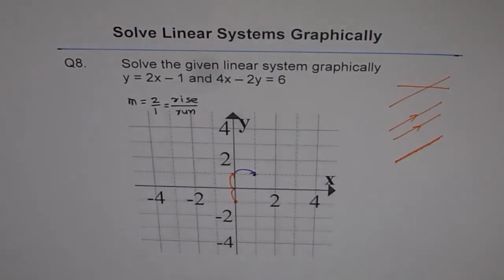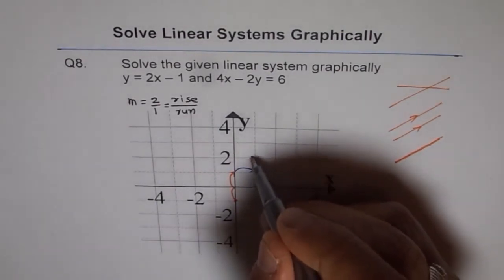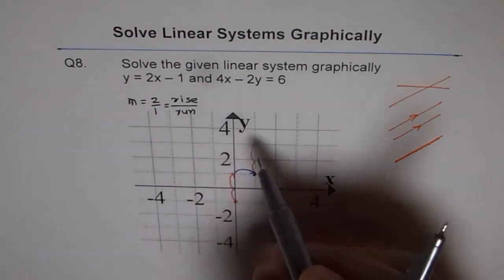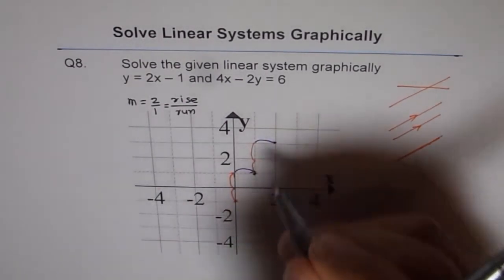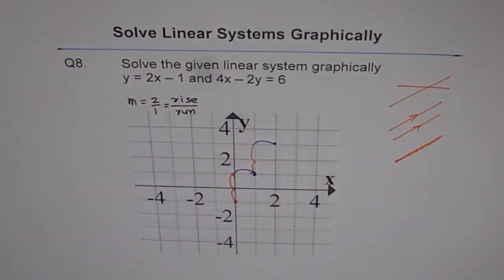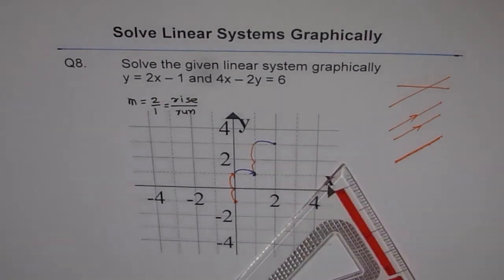Again, let's get a few more points. 2 up and 1 right. So we get one more point. 3 are enough. Let's use these points and draw our line. So here is the line which connects the 3 points.